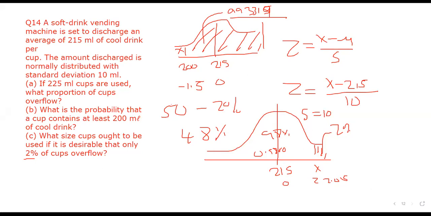Except that I don't have the half table. Yeah, you have it. What is it saying? 0.0202.